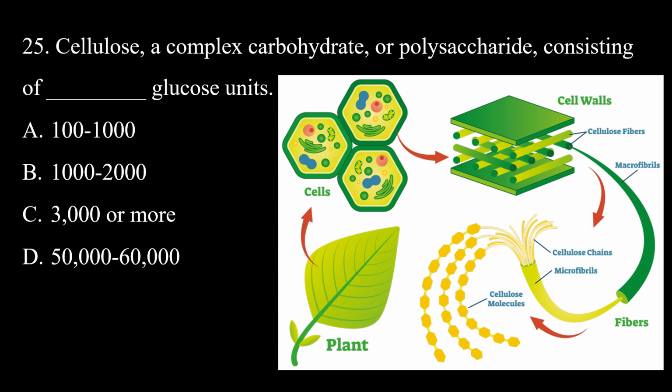Question number 25. Cellulose, a complex carbohydrate or polysaccharide, consists of dash glucose units. How many glucose units are present in cellulose? A. 100 to 1000, B. 1000 to 2000, C. 3000 or more, D. 50,000 to 60,000.